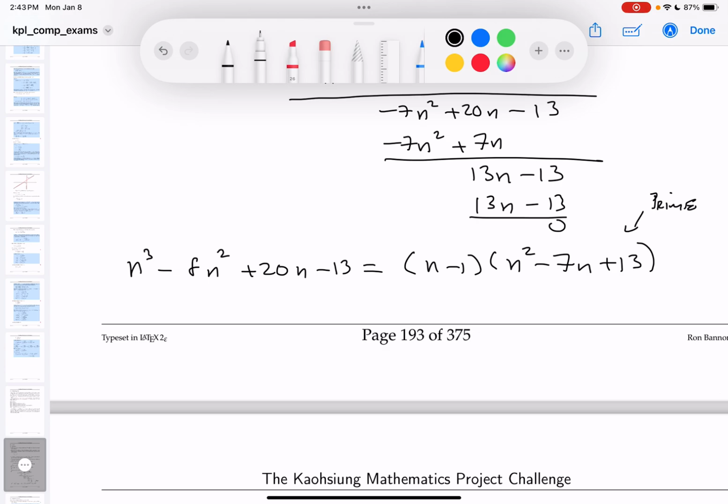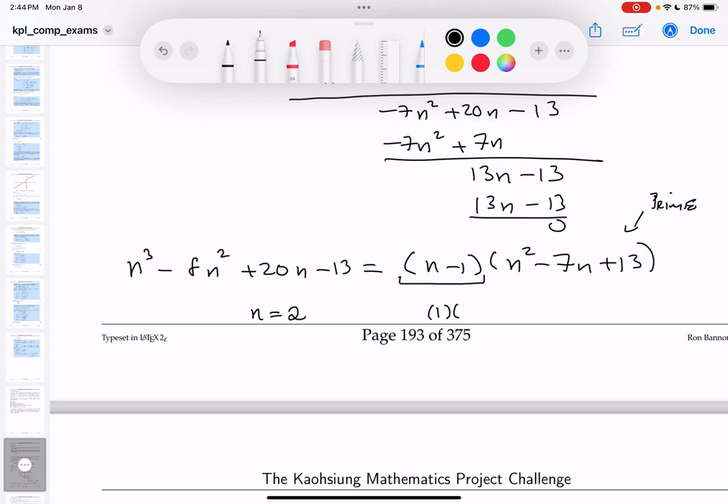I'm going to say, if it's a prime number, one of these factors must equal 1. And I hope you realize, what number would make this equal to 1? It would be n equals 2. All right? So if n equals 2, I got to check this out, by the way. What do you get over here? You would get 1, because 2 minus 1 is 1. Just check to see if it's prime.